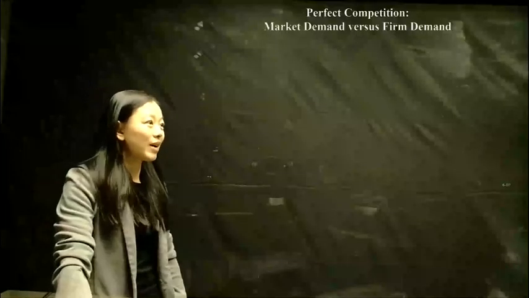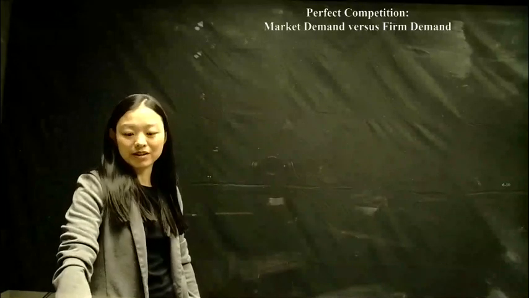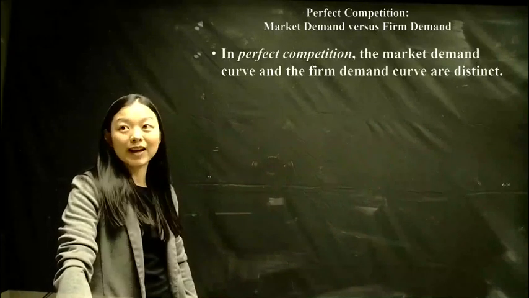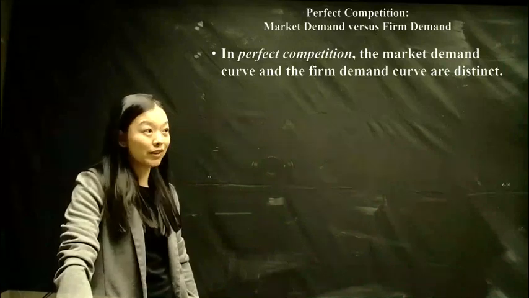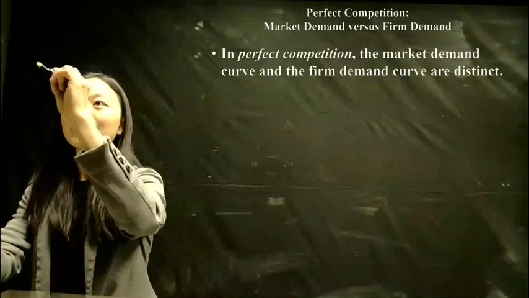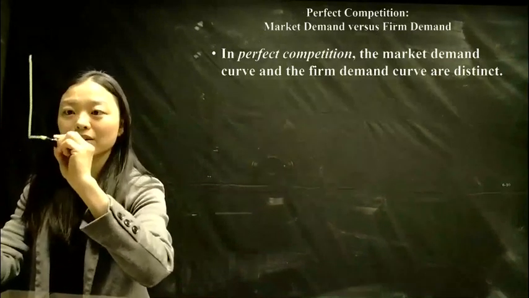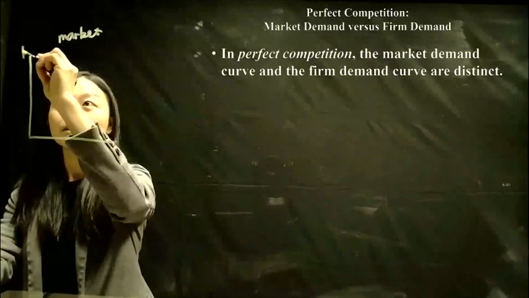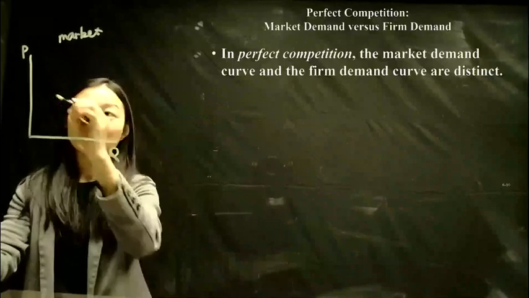Now let's talk about the market demand versus the firm's demand. In perfect competition, the market demand curve and the firm's demand curve are totally different. If I treat this as the market, this is the price, this is the quantity, right?